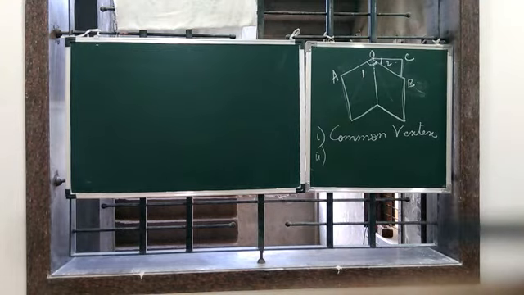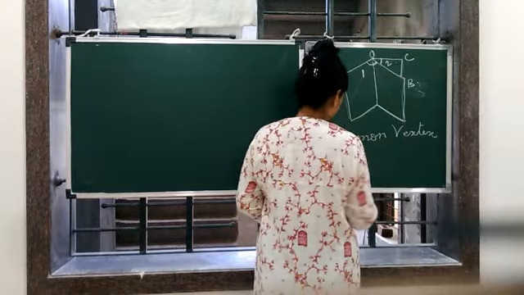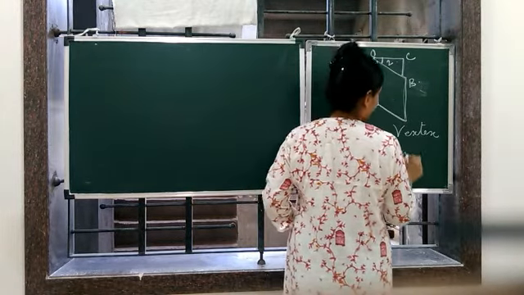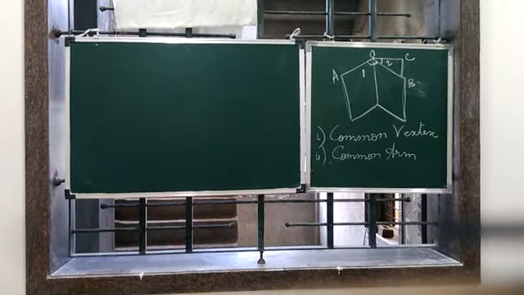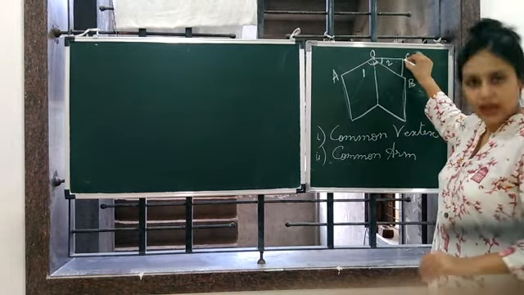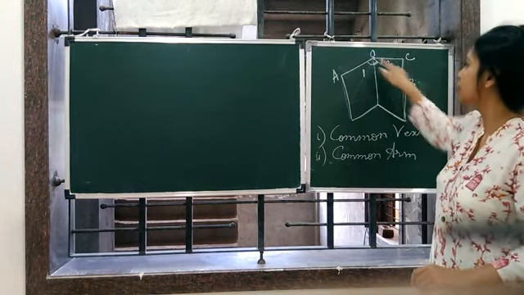It has a common arm. This OB arm is common. And what else? The two non-common arms. The two non-common arms are on either side of the common arm.